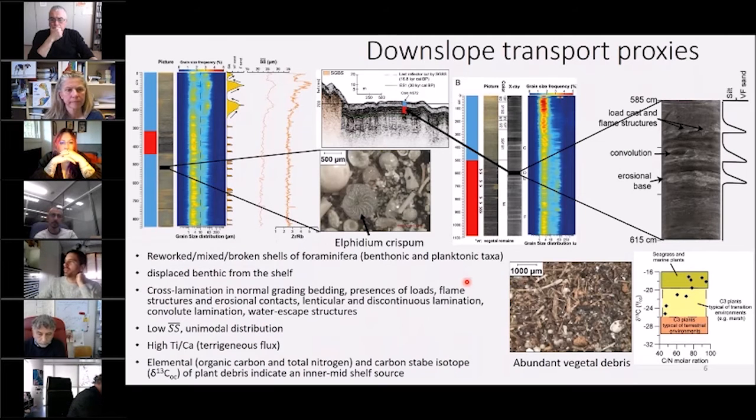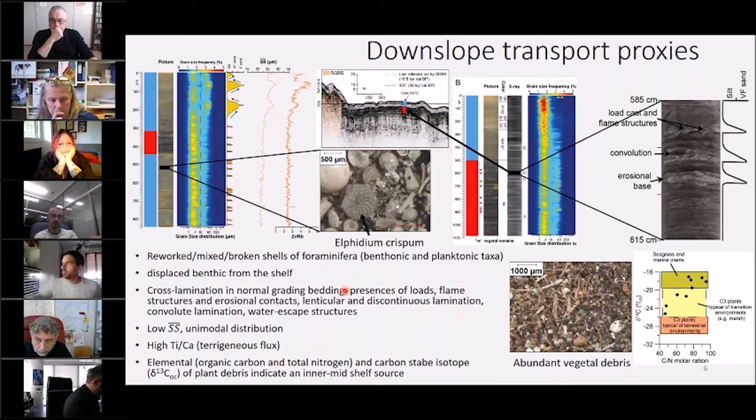For downslope transport proxies, we also use foraminifera, but more when they have been reworked, mixed, or broken. For example, we have this example of Elphidium crispum, which is typical of inner to middle shelf environments, found in the upper slope core. We also have benthic foraminifera from the shelf.